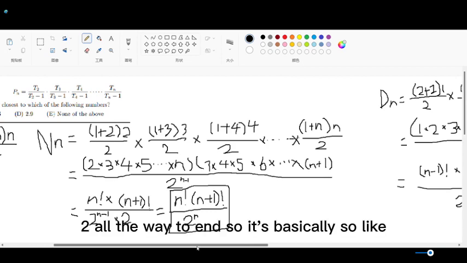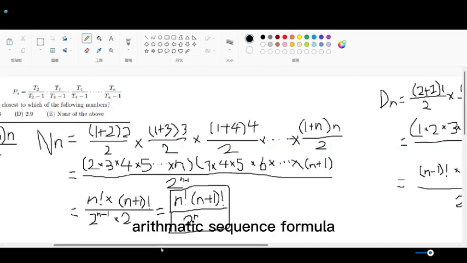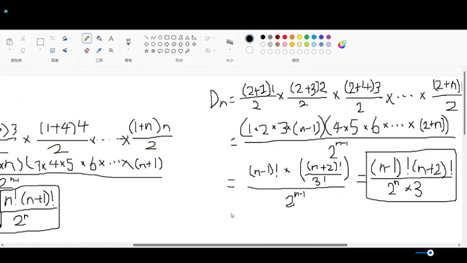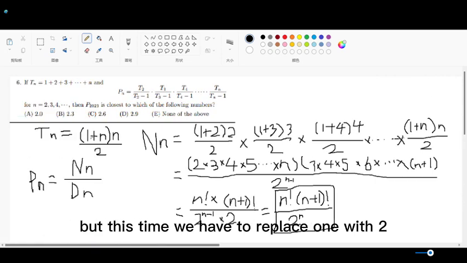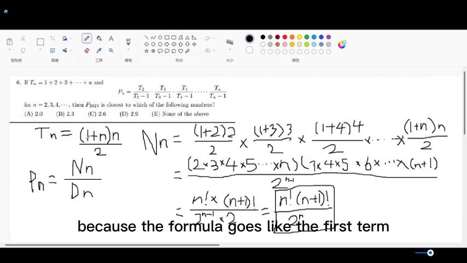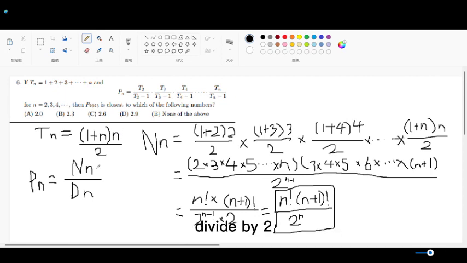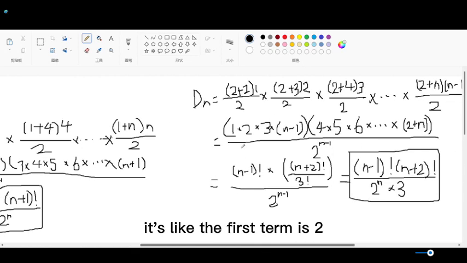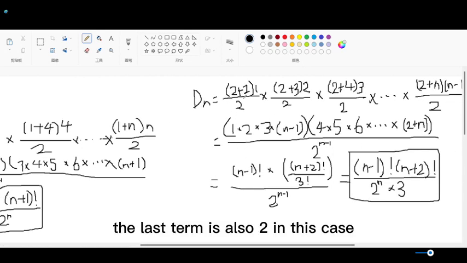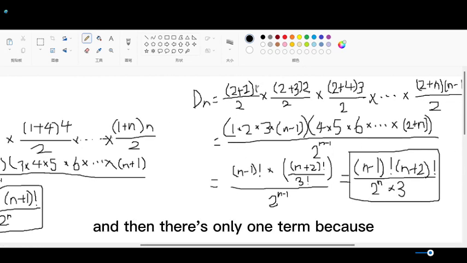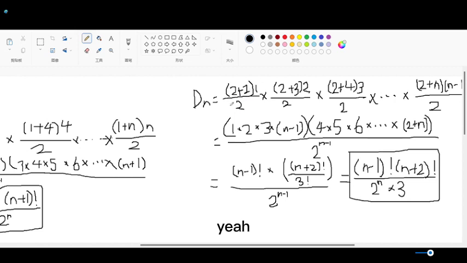So we follow the arithmetic sequence formula, but this time we have to replace 1 with 2, because the formula goes like the first term plus the last term times the number of terms divided by 2. The first term is 2, the last term is also 2 in this case, and there's only one term, and then divided by 2.